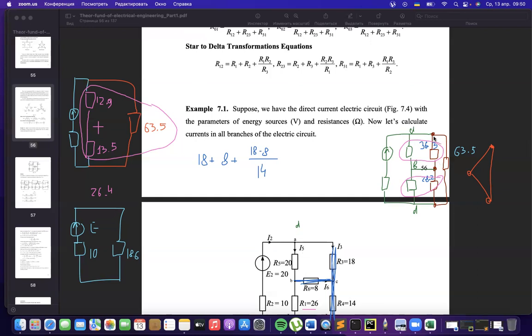If we want to find one part of the triangle, one part of the delta between points A and B, we take the resistors between points A and B and substitute them in this formula. It will be in ratio 18 multiplied by 8, these two resistors, divided by the third one, 14, then adding 18 and 8, these two resistors, just substituting in this formula.